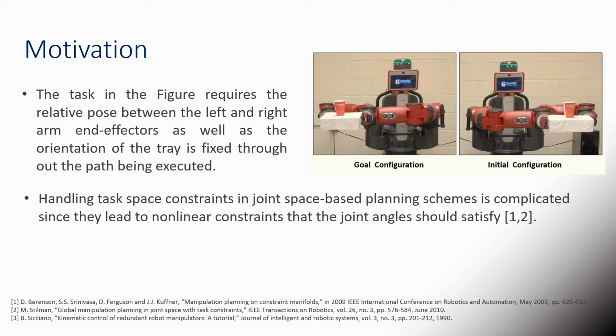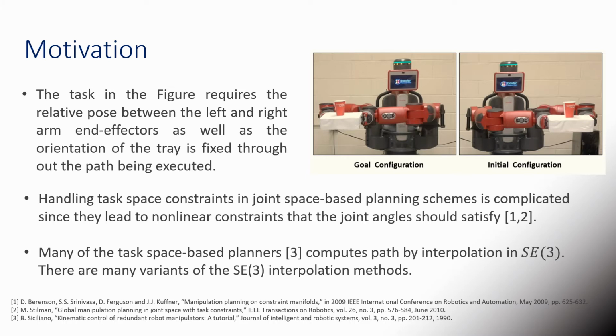Joint space-based planning approaches are a widely used class of motion planning techniques. However, Berenson et al. and Stilman, along with others, identified the complexity of the problem of maintaining task constraints using joint space-based planning schemes. On the other hand, many task space-based planning approaches consider no change in orientation of the end effector along the path, so that mere interpolation in R3 can be used to trace a path in task space.